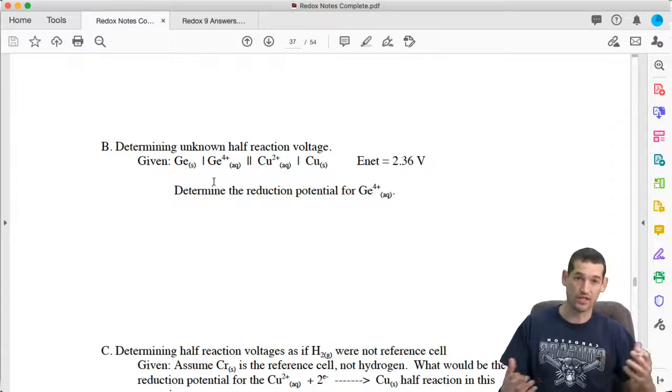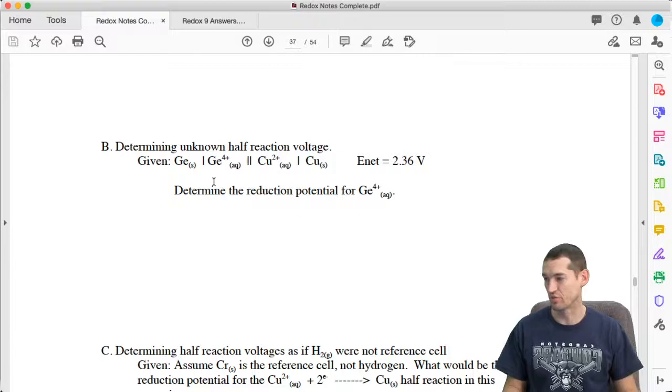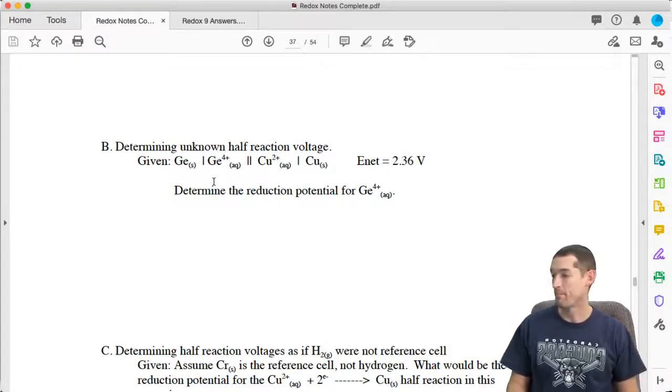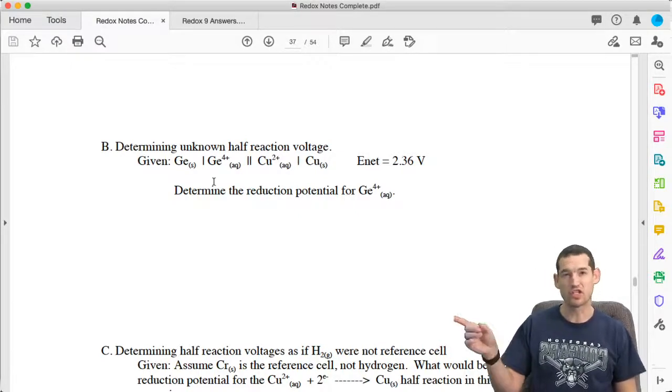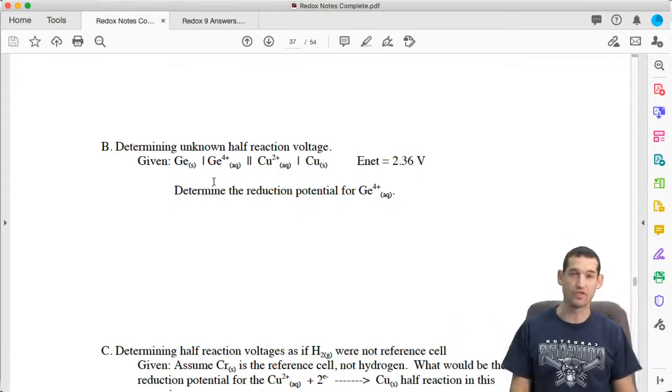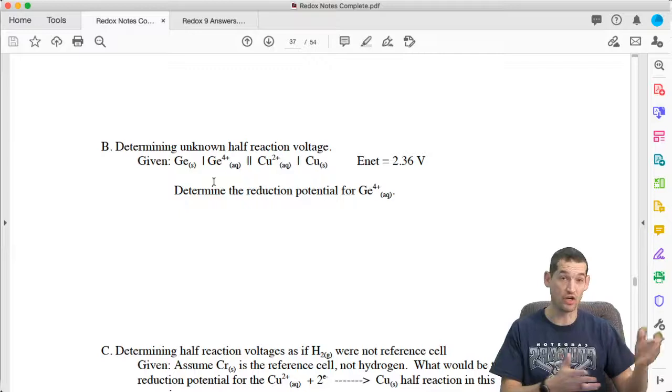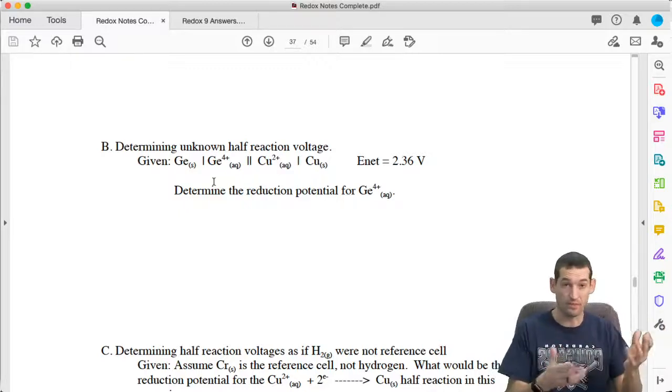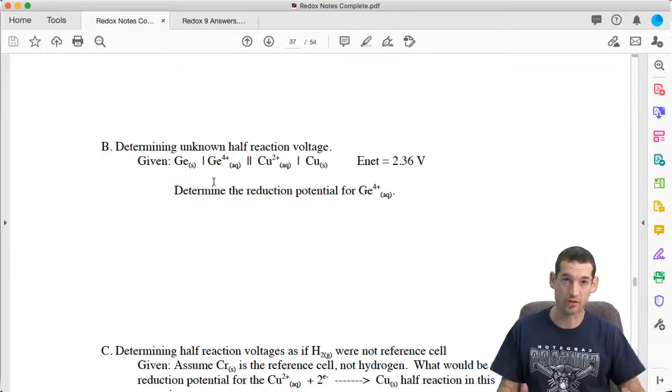So this is a voltaic cell producing 2.36 volts. But copper is on my half reaction, Ge is not. So that's what I'm trying to figure out here. What is the reduction potential for the Ge? It's not in my data booklet, it's not on any tables, so how do I figure that out?